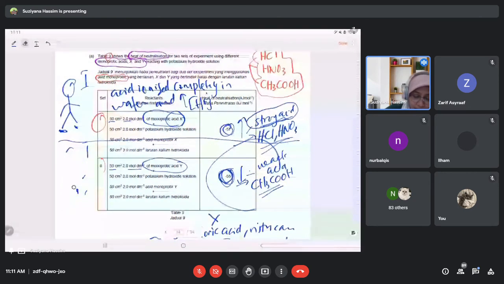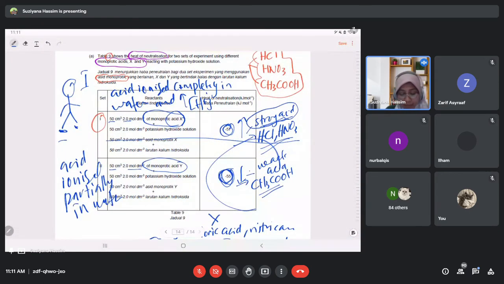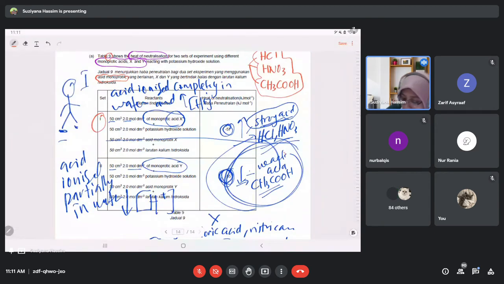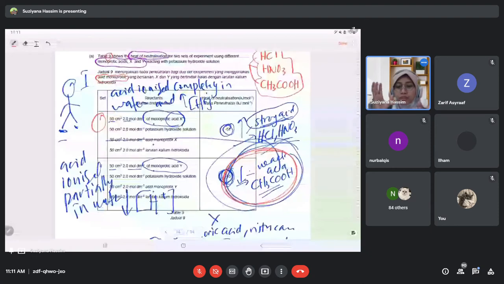When it is a weak acid, the acid ionizes partially in water and produces a low concentration of hydrogen ions. So, this weak acid will absorb some of the heat.